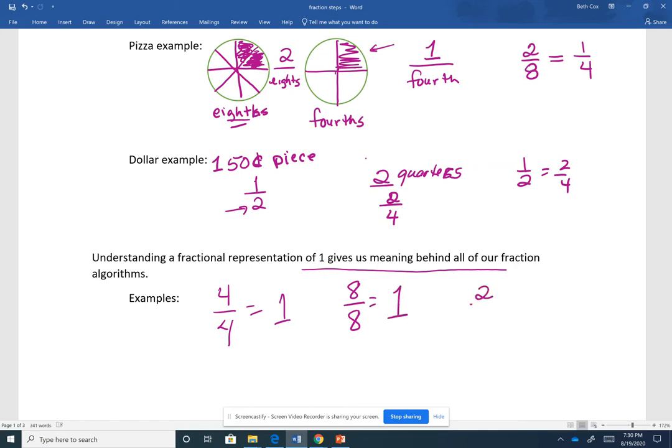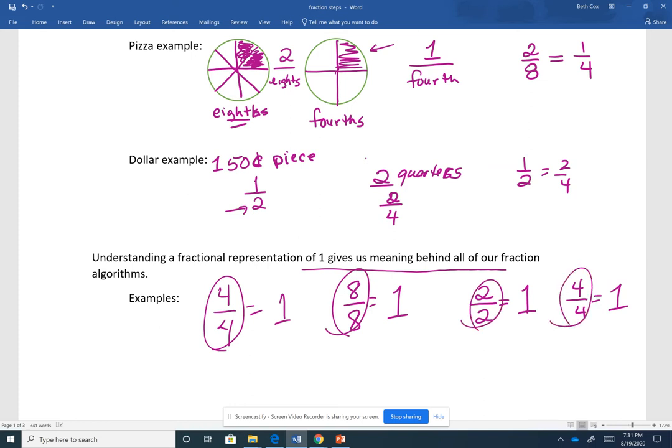If I have 2 50-cent pieces, I have 1 whole dollar. Or if I have 4 quarters, I have a whole dollar. So this representation of 1 is very important. It's so important that I want you to really think it through.